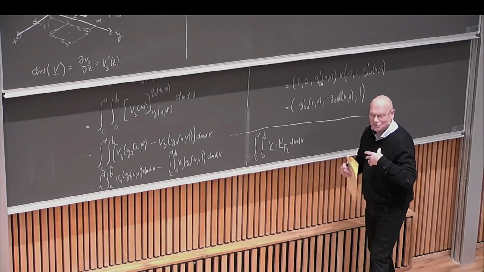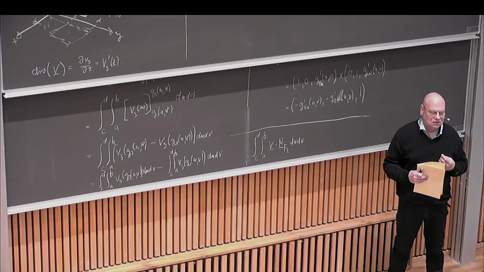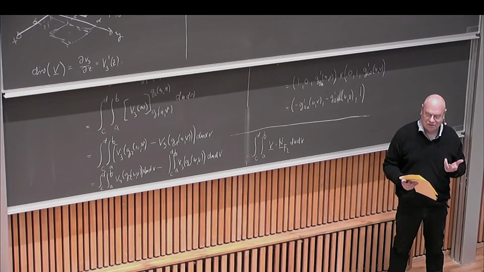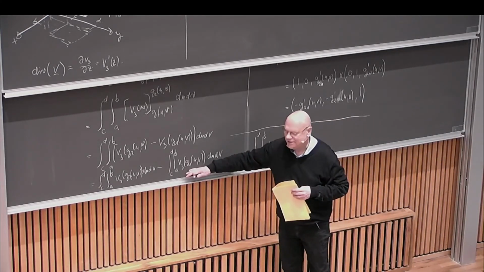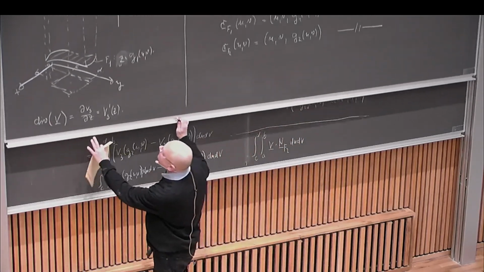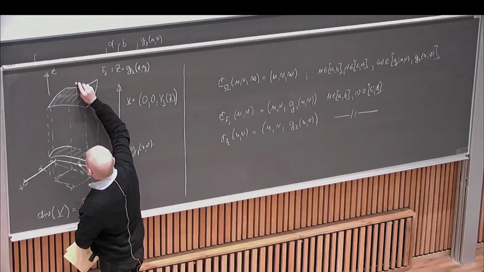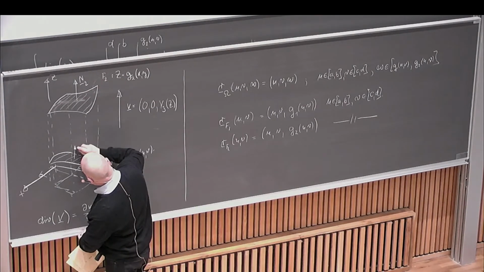But when you are talking about flux, you're looking at the outward normal vector to the surface. And this vector here is pointing into the solid. This is N2 and this is N1.